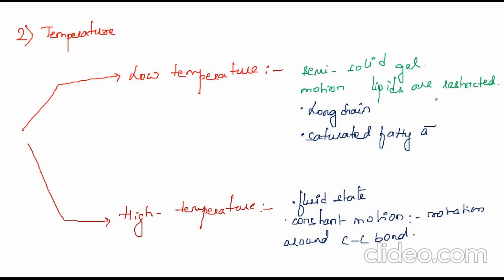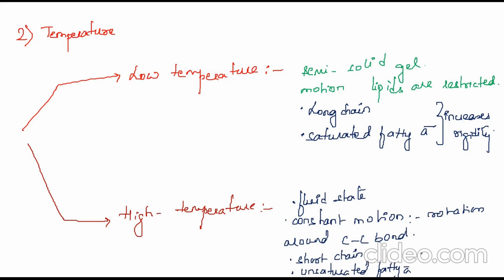These two factors increase rigidity. Similarly, short chain and unsaturation increase the fluidity.